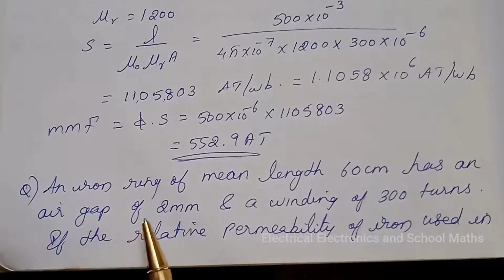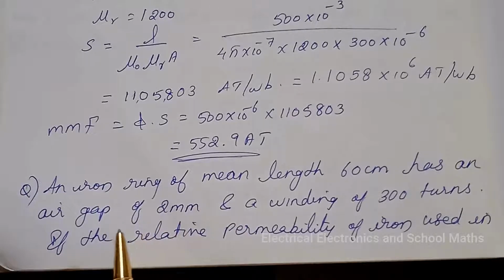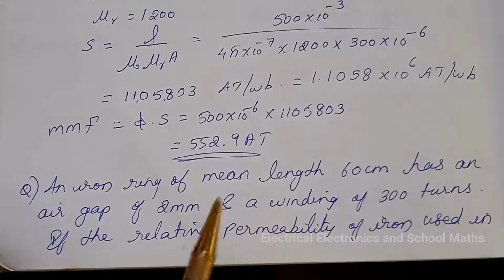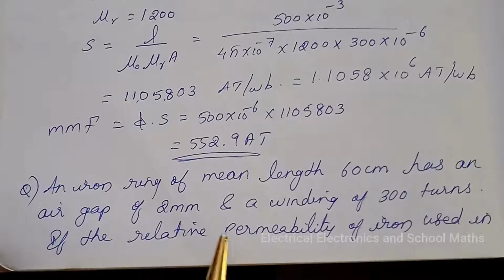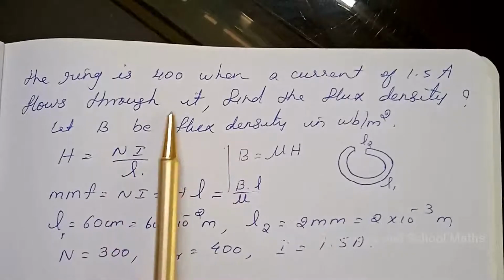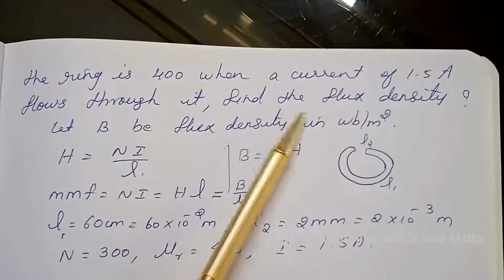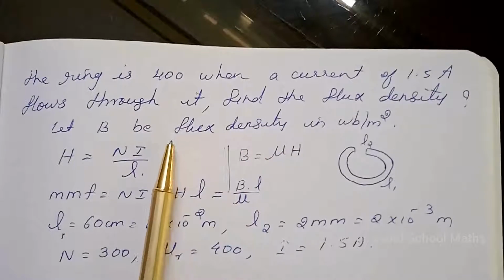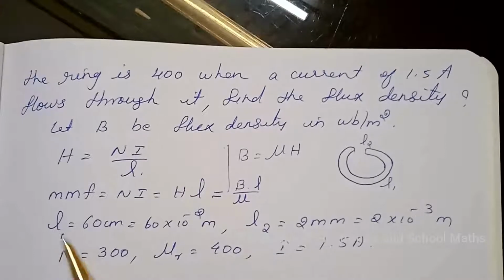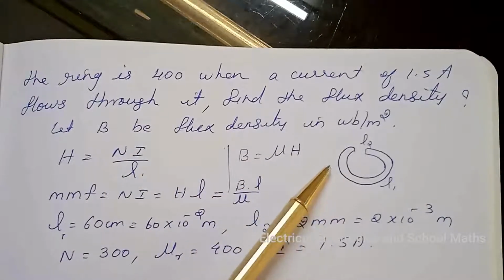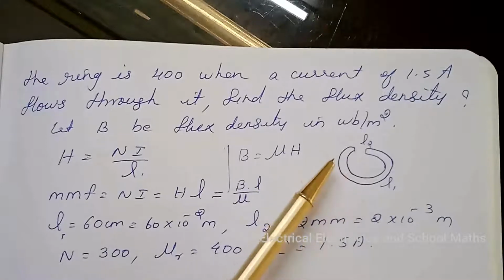Next question. An iron ring of mean length 60 cm has an air gap of 2 mm and a winding of 300 turns. If the relative permeability of iron used in the ring is 400, when a current of 1.5 ampere flows through it, find the flux density. This is a problem of composite magnetic circuit, that is series reluctance circuit.